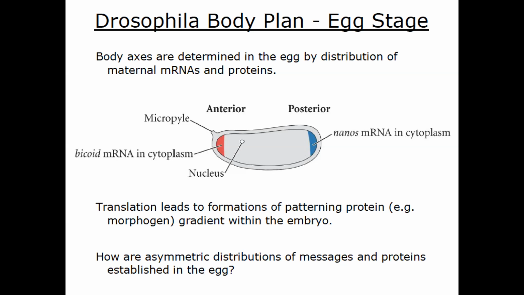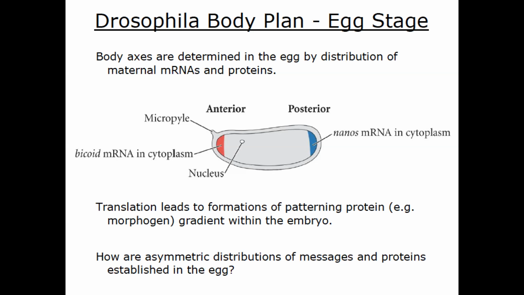So even though mRNA can passively diffuse or actively move, it is the protein that will now form a much more diffuse gradient.